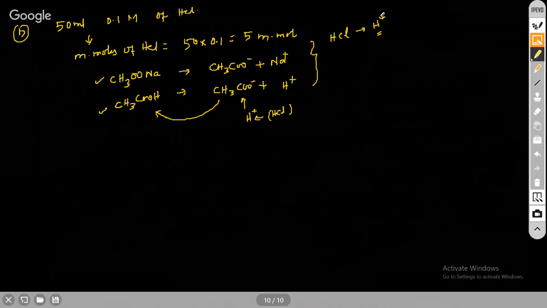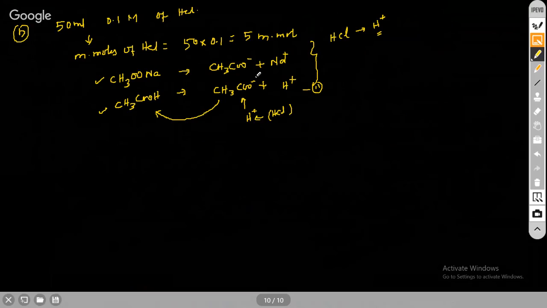The extra H plus that you are getting from this acid has to be neutralized, and that is neutralized by this reaction. The H plus combines with CH3COO minus and converts into weakly ionized CH3COOH. And that is how the pH of the solution is maintained. Whatever H plus is coming from the acid combines with this.